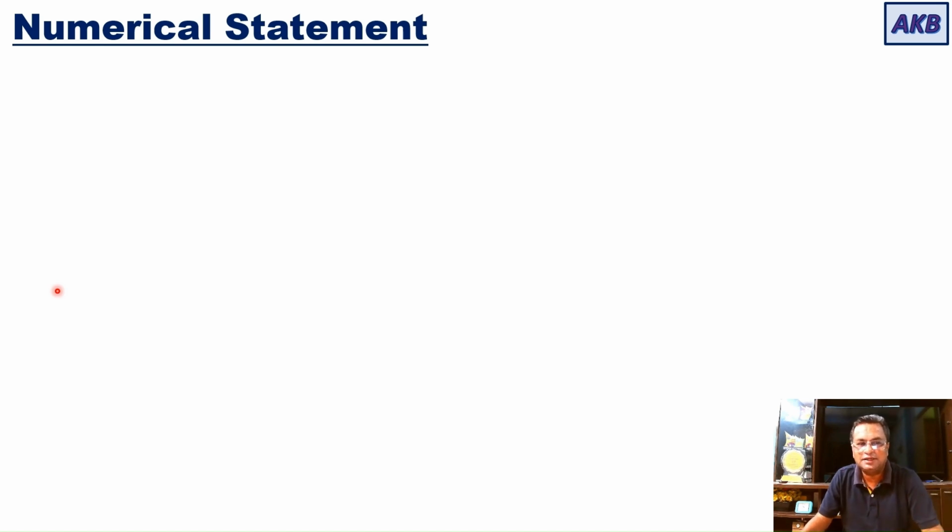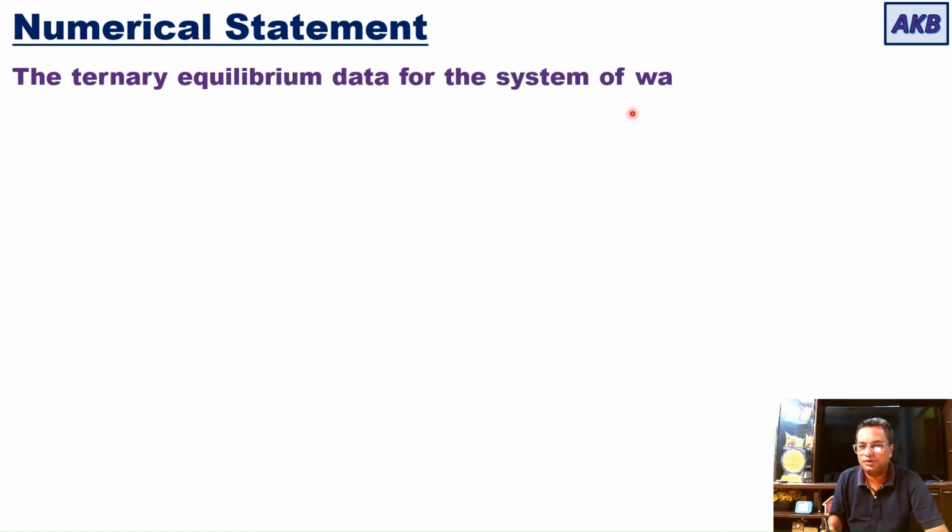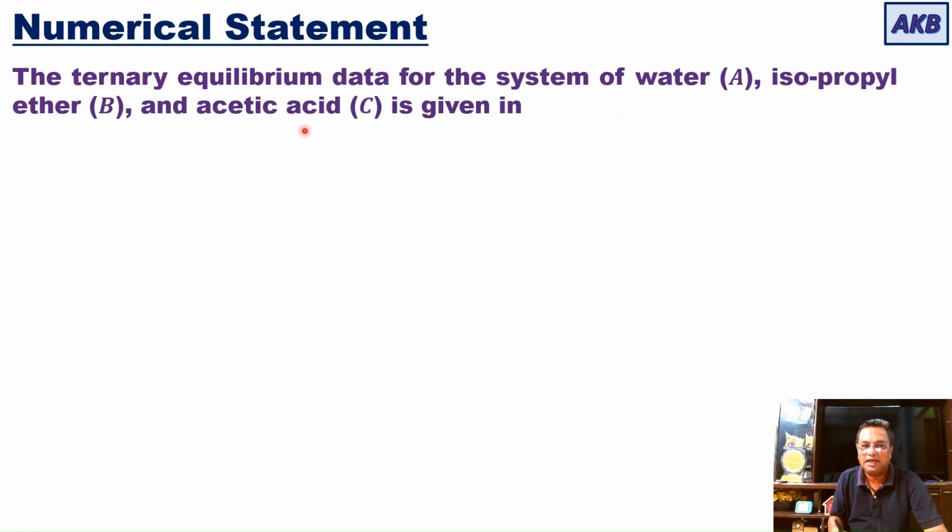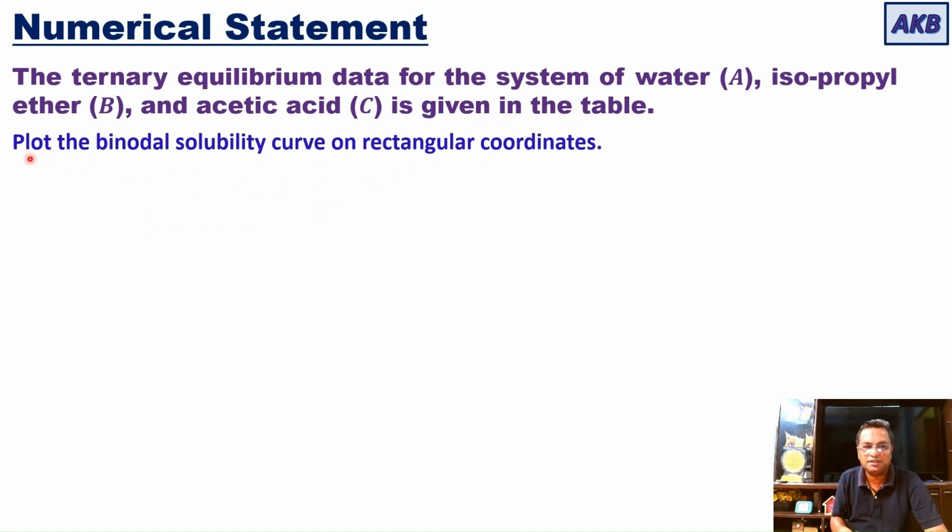Now let us learn how to do that by discussing one numerical. I am using the same numerical to tell you how you can plot the binodal solubility curve on rectangular coordinates. You have the ternary equilibrium data for a system of water, which is A, isopropyl ether, which is B, and acetic acid, which is C, and it is given in this table. By using that data, we are supposed to plot the binodal solubility curve on rectangular coordinates.